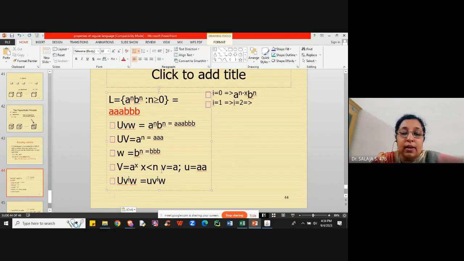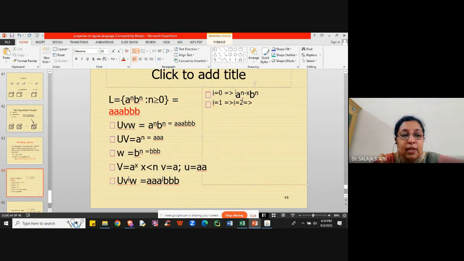So if I substitute u, v and w here, what is u? u is 2 a's. What is v? v is a single a. And what is w? w is 3 b's. Now what am I supposed to do? This i has to be populated from 0, 1, 2 and 3.